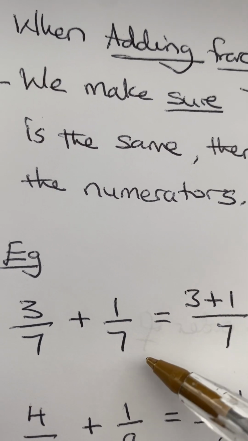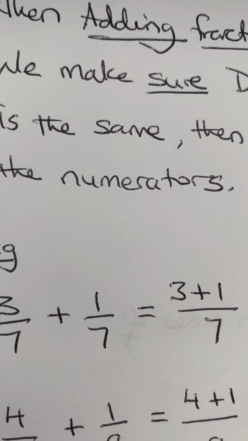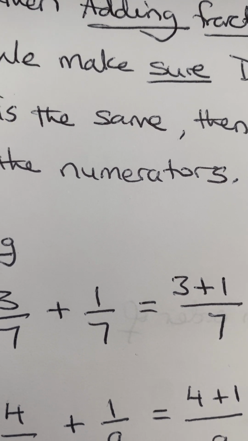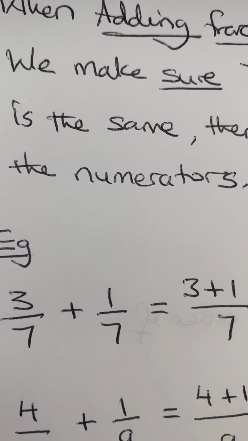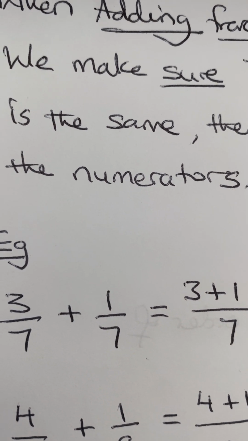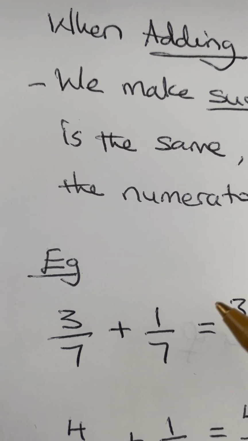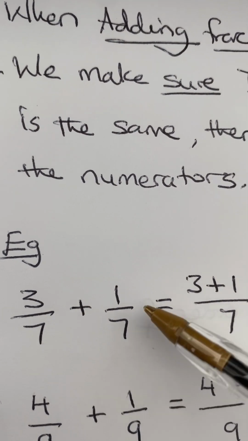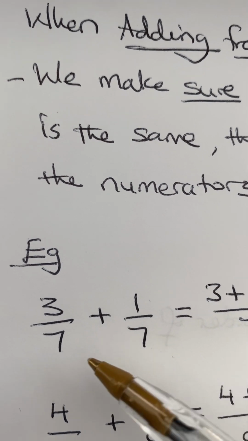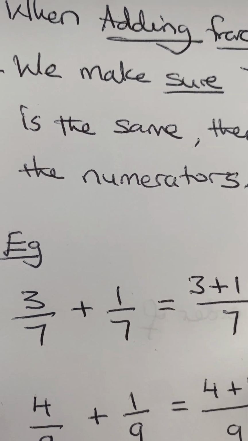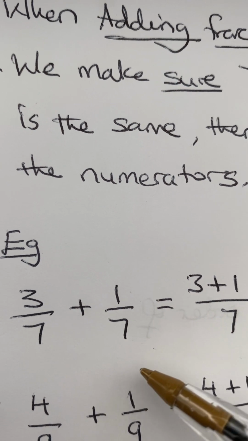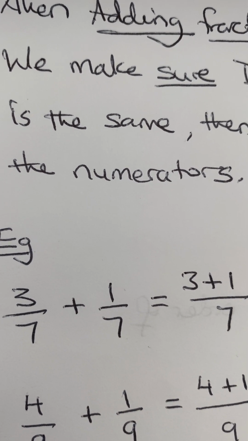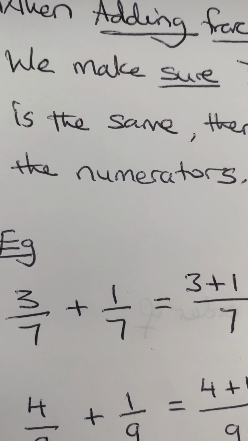They have the same denominators, so it's easier to work with. But assuming you had 3/5 and 1/7, you can't just add it. You have to make the denominators the same before you add or subtract.